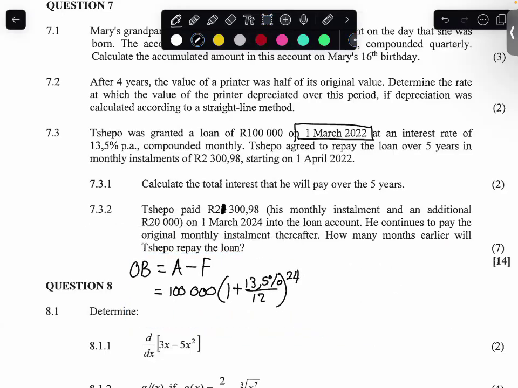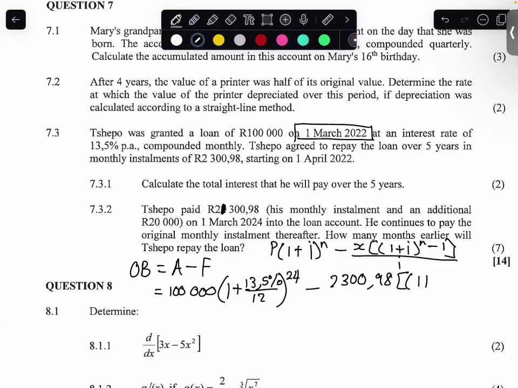Right, this is minus F, which is X into 1 plus I to the power N minus 1 all over I. So this is X, which is your 2,398 cents, your monthly installment. 1 plus I is still 13.5% all over 12, all to the 24.